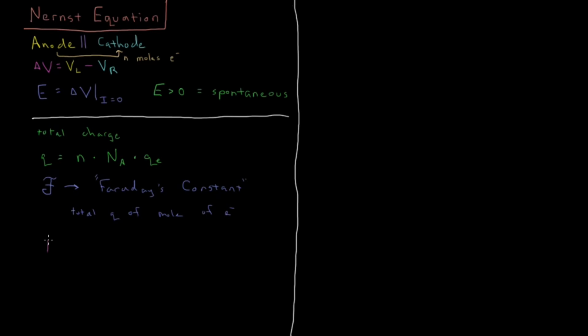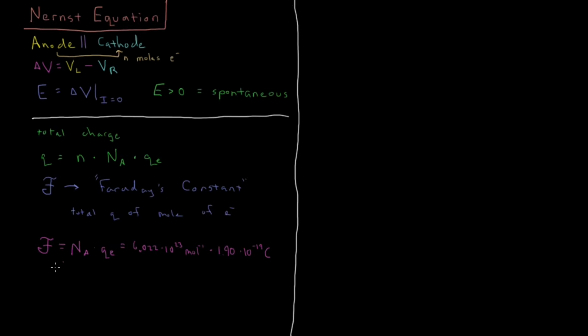So Faraday's constant, which I'm writing in this kind of script cursive F here, is going to be Avogadro's number times the charge on an individual electron, which is 6.022 times 10 to the 23rd per mole times 1.60 times 10 to the minus 19th coulombs per electron.